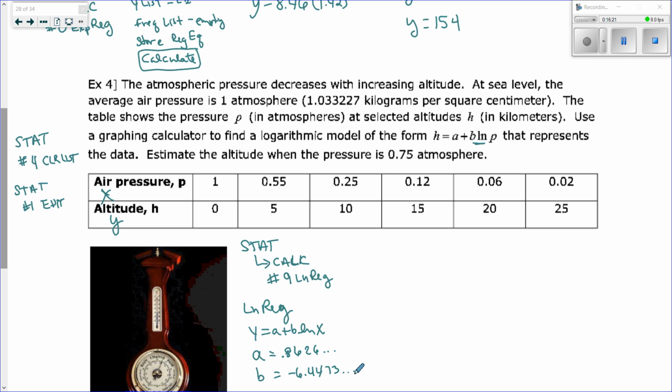And since I'm rounding everything to the nearest hundredth in these equations, I'm going to have the equation h equals, not y, because we're talking about h, 0.86 minus 6.45 ln of x.